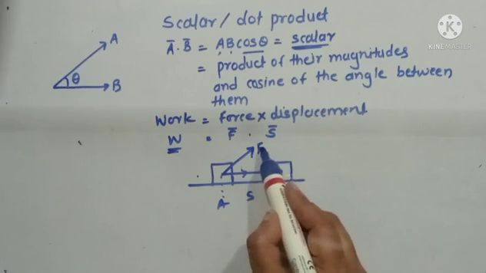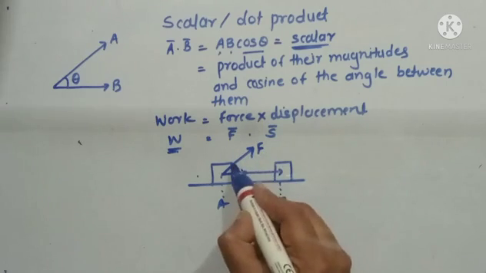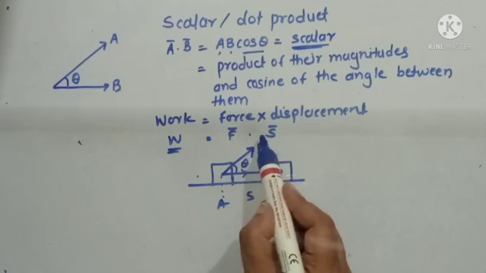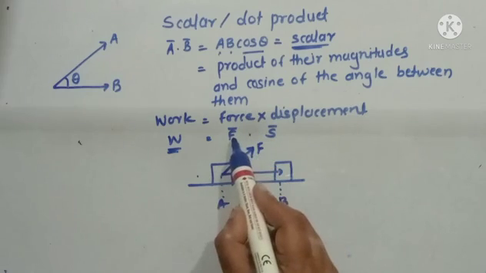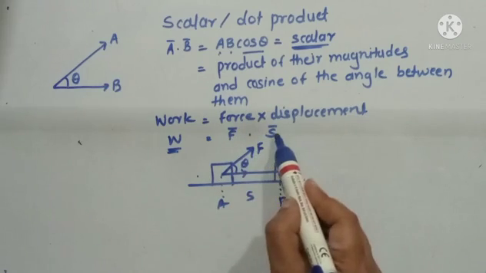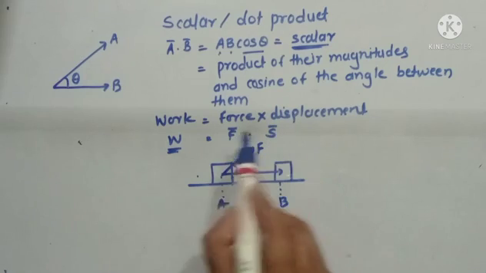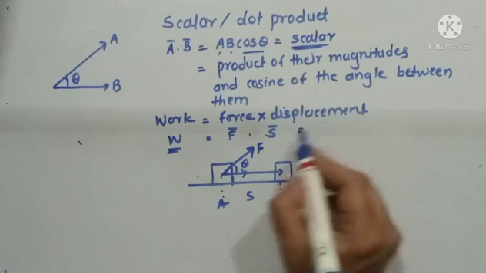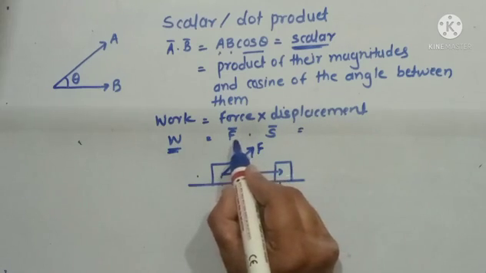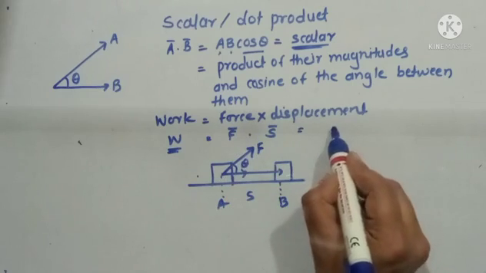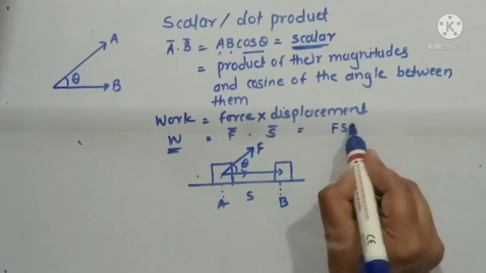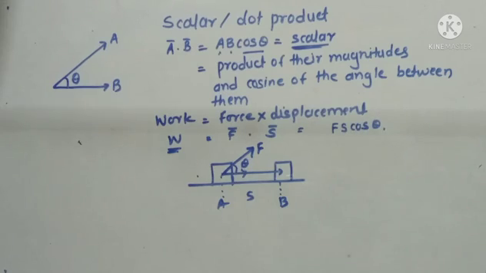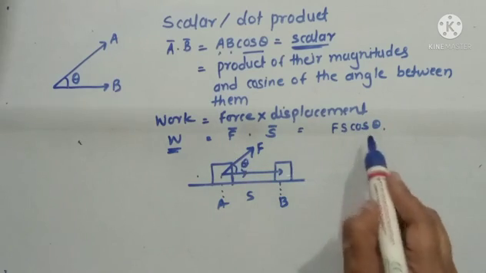If the force and displacement make some angle with each other, then the work done is given by force into displacement. Force is a vector quantity and displacement is a vector quantity, but their product is a scalar quantity. That's why it is given by W is equal to F dot S, which is Fs cos theta, in terms of their magnitudes.